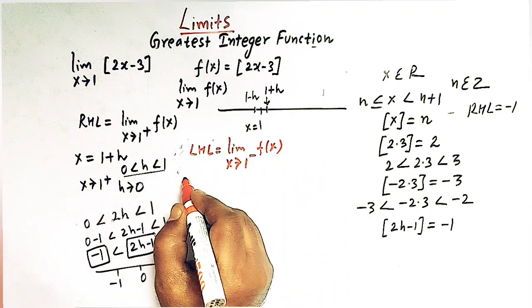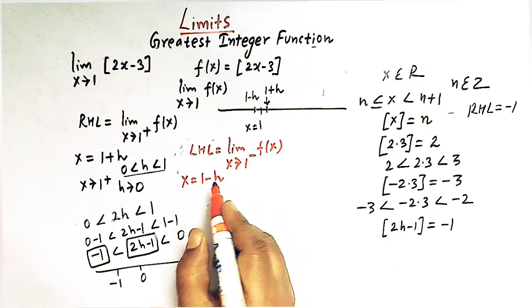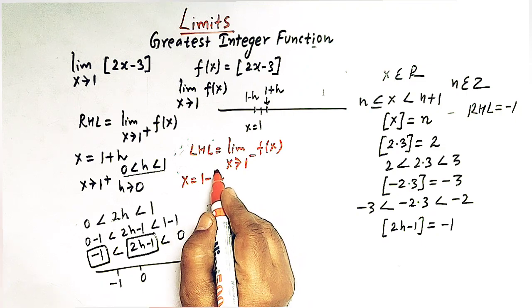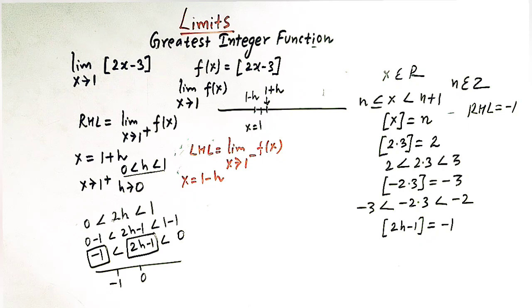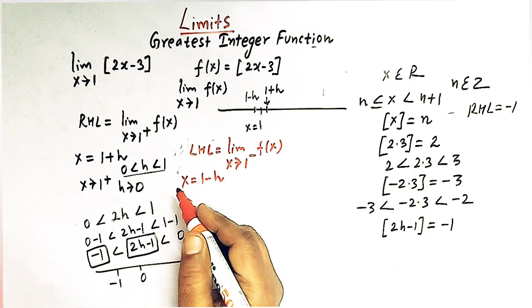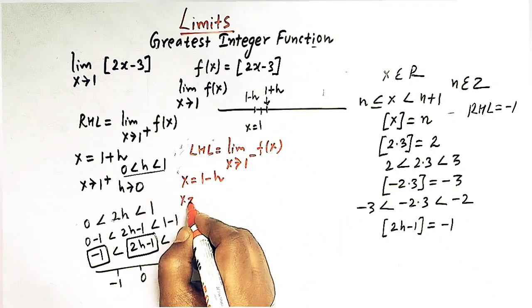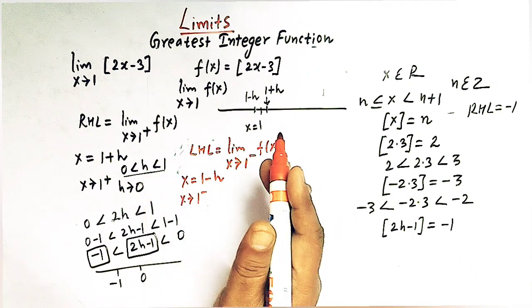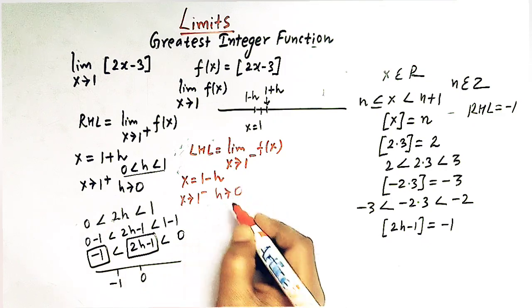Now we make this substitution, that is x is equal to 1 minus h. Now 1 minus h implies that we have to consider all values of x which are less than 1, right? And other conditions remain the same. So when x tends to 1 from the left, then h tends to 0.